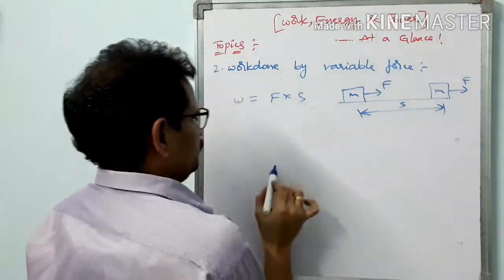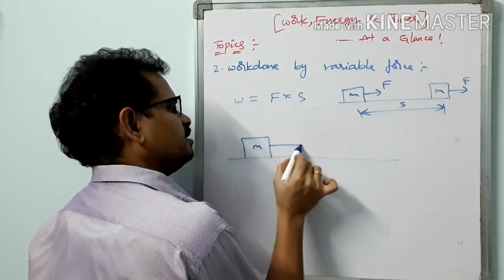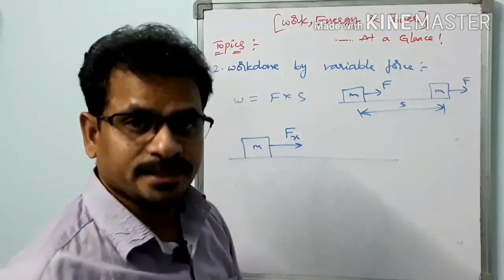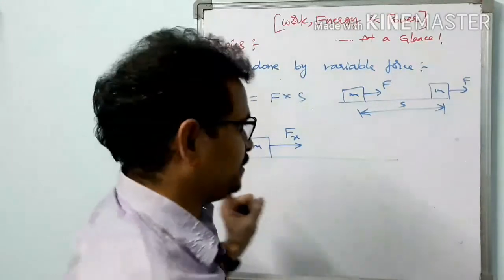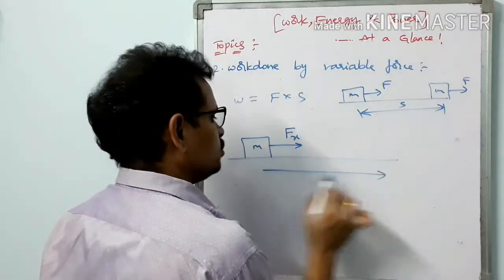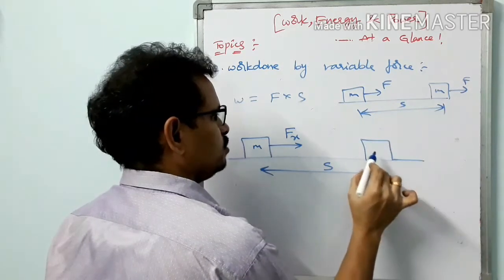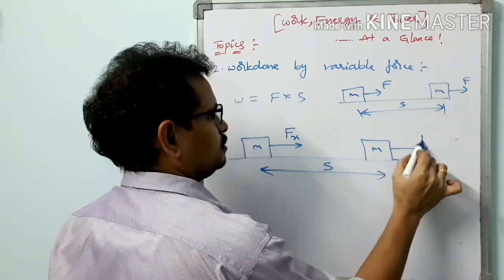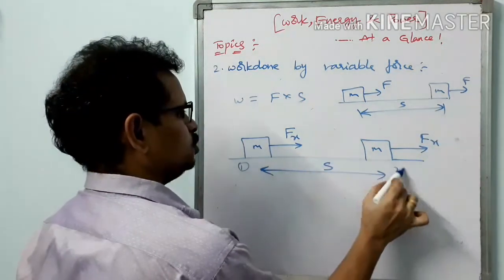But what if, let us consider the case where a variable force Fx is acting along the positive x direction and displaces this block through a displacement S here, from position 1 to position 2.